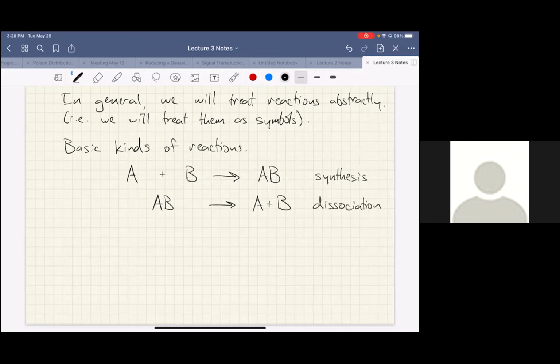We're going to see examples. We're actually going to deal a lot with synthesis and dissociation. So, for example, synthesis could be the binding of a signal molecule to a receptor.